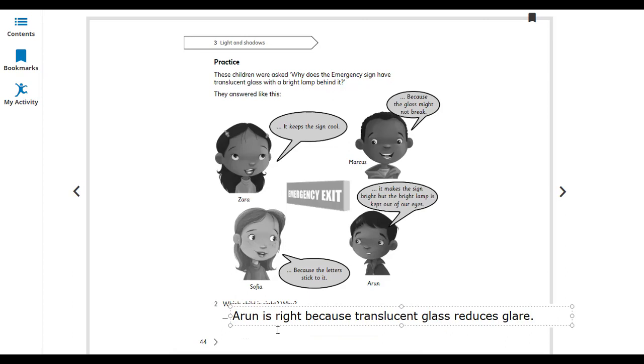So write this here on the line. Arun is right. Why? Because translucent glass reduces glare, so we can see the words. What is glare? The shininess of the bright lamp. This translucent glass reduces the glare, that is, it reduces the shininess of the lamp. So we can see the board easily.